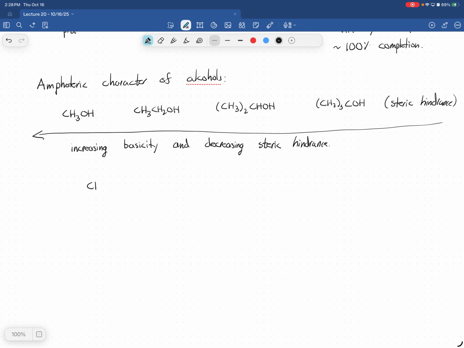If we have an alcohol, it can pick up a hydrogen ion in solution. This will be an equilibrium, and it'll form the oxonium ion.